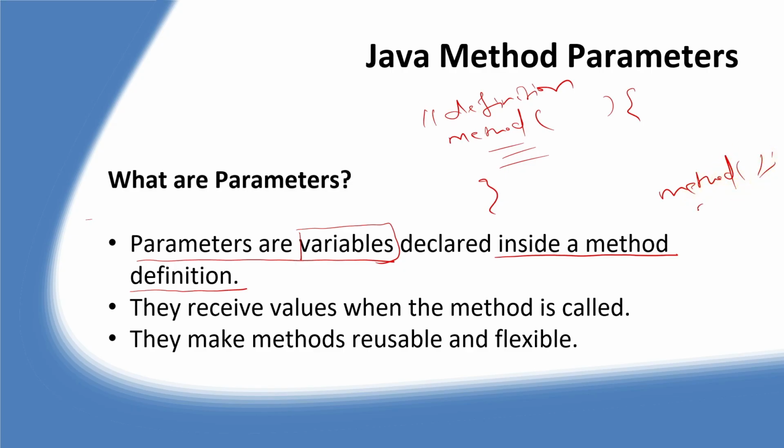So this is the method call. So parameters are variables that are declared inside a method definition. Whatever variables are declared in the method definition, those variables we call parameters.